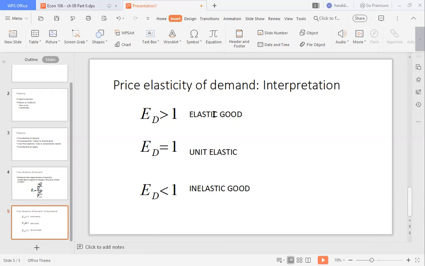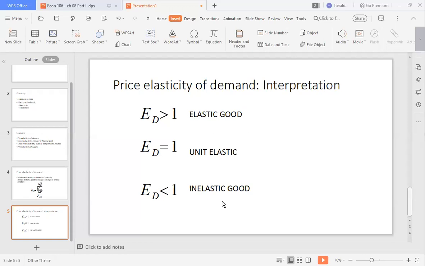If your good is an elastic good, you know that your total revenue would decrease because consumers are very responsive to price changes. However, if your good is an inelastic good, these are goods that consumers are not that responsive to, so the total revenue would increase.